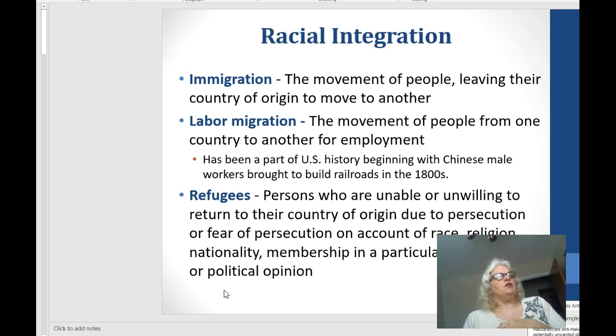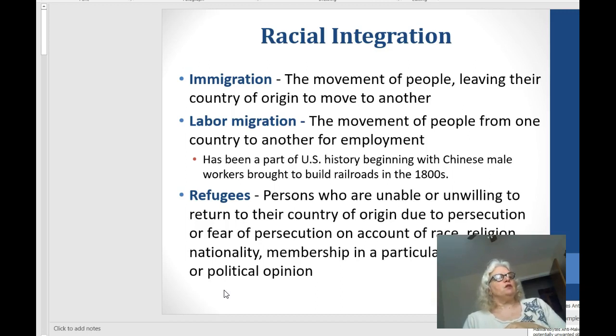We have a long history of people coming to this country for employment, such as the Chinese that were brought to build railroads, the Irish who came after devastation in their country and basically came over as slaves and indentured servants to pay off their debts. We have that migration piece of slavery that comes into place for labor migration.